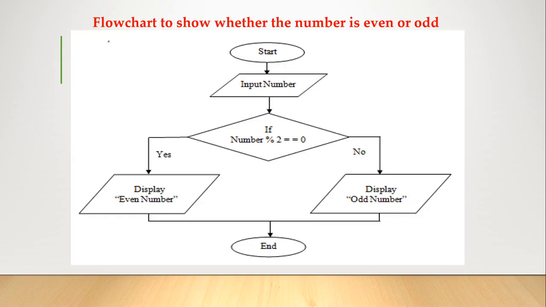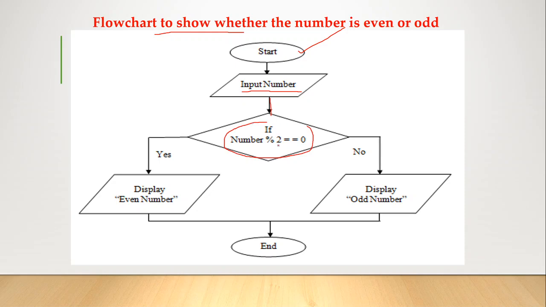Next is the flowchart to show whether a number is even or odd. We all know that a number is even if it is divisible by 2 and the remainder is 0, otherwise it is odd. Firstly we start the flowchart. We represent the input number in this kind of box, and then we have a decision box.